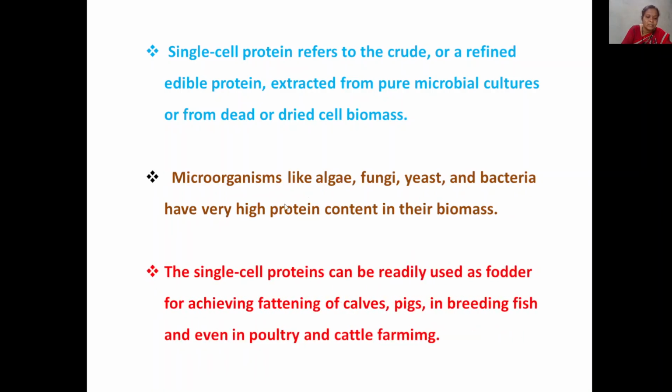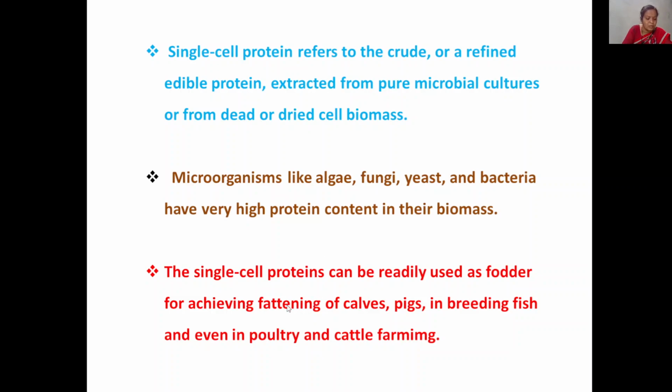Microorganisms like algae, fungi, yeast, and bacteria have very high protein content in their biomass. Here we see the substrate used. Agricultural wastes, wood shavings, sawdust, corn cobs, paraffin, n-alkanes, sugarcane molasses, even human and animal waste are used for single cell protein.